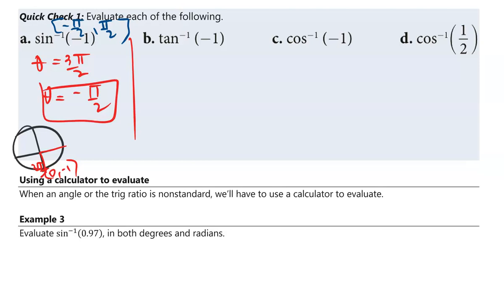For tangent, letter B, inverse tangent of negative 1. For inverse tangent, this is from negative pi over 2 to pi over 2 and negative 1.